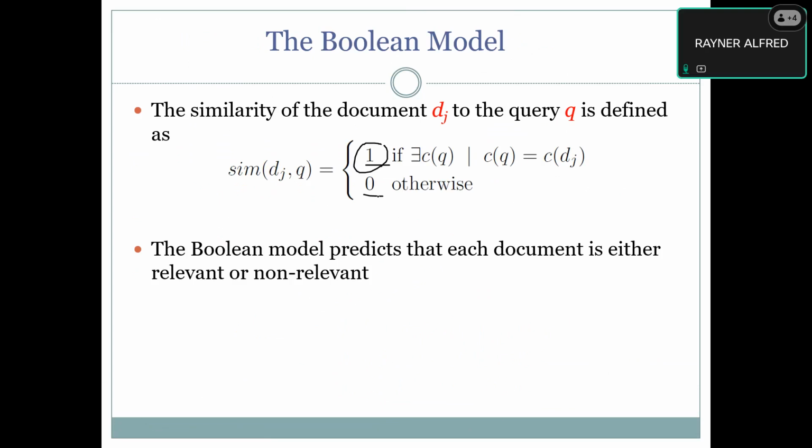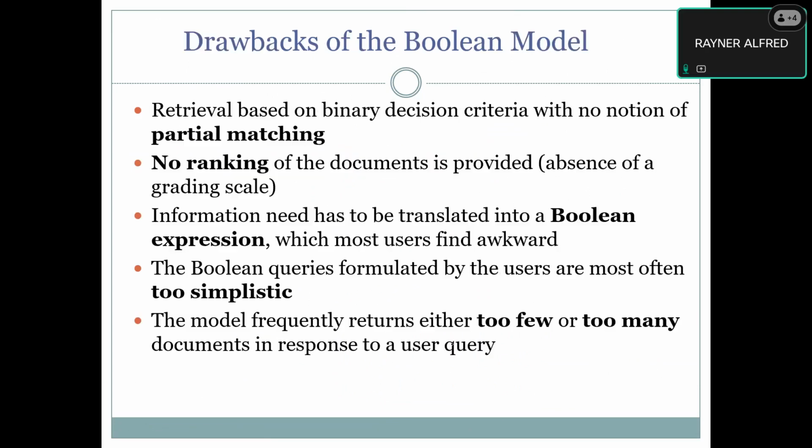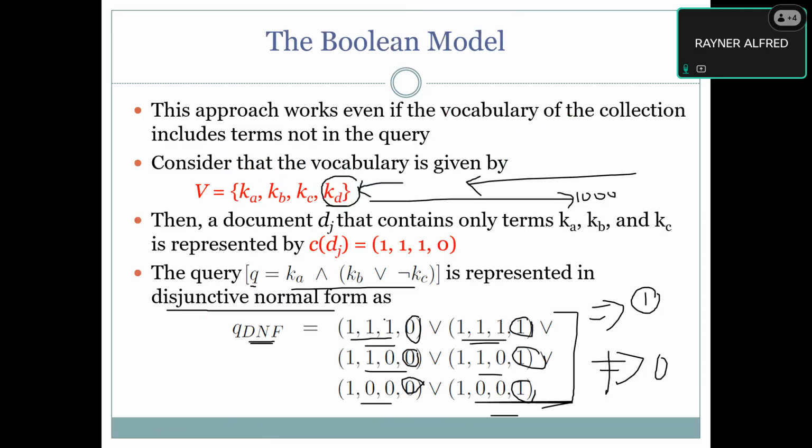So matching only. But the problem with this is we cannot do ranking because let's suppose we managed to retrieve all 6 documents, but all of them will give us 1. So there is no ranking. We only retrieve relevant documents, but no ranking score can be computed.